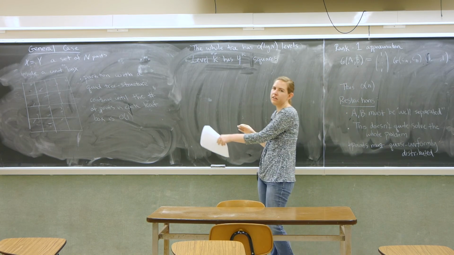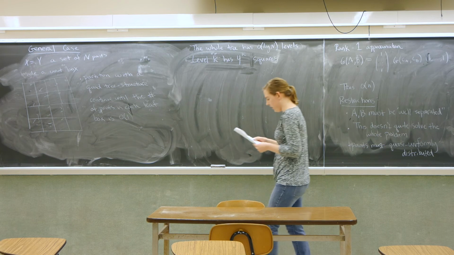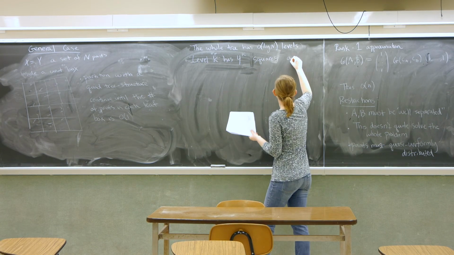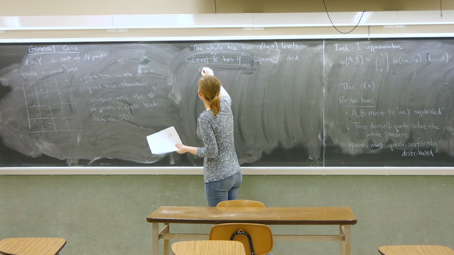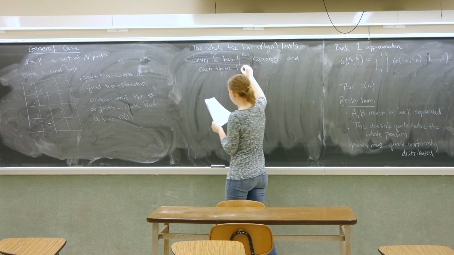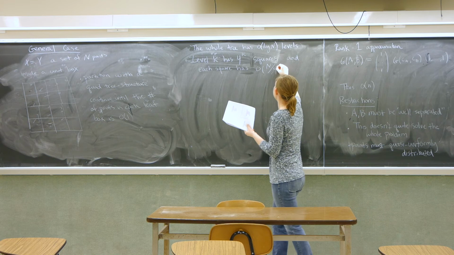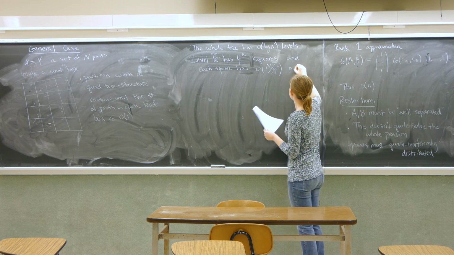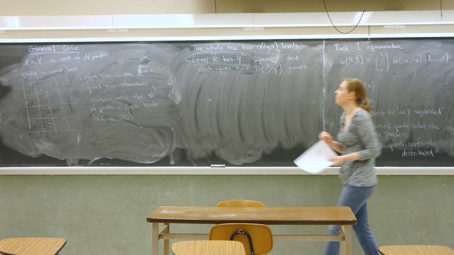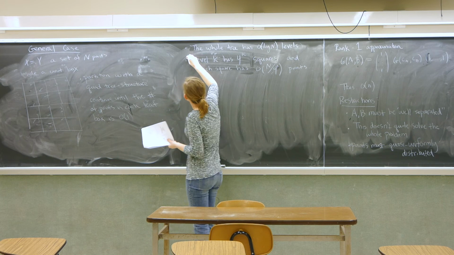So at level 0, there's 1 square. At level 1, there's 4 squares when we've done the division once. And each square has order n divided by 4 to the k points. Okay, just a little bookkeeping there.